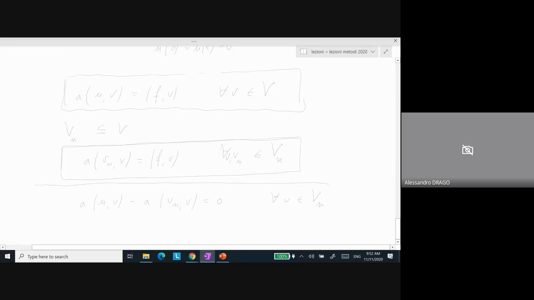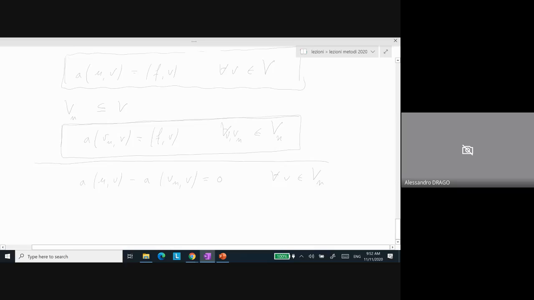But at this point, I can just make use of the linearity of A, and I can write that A of U minus Vn, V, is equal to 0, and this is true again for all V belonging to the subspace.